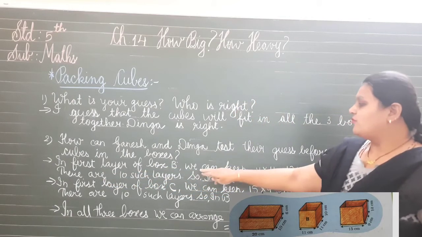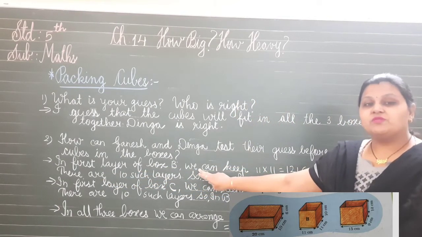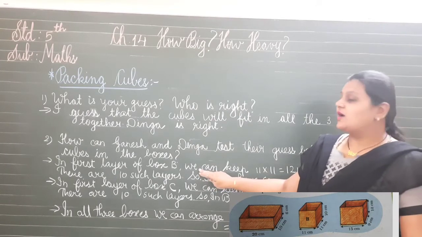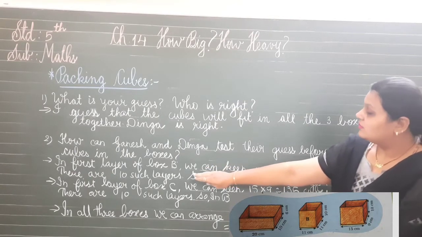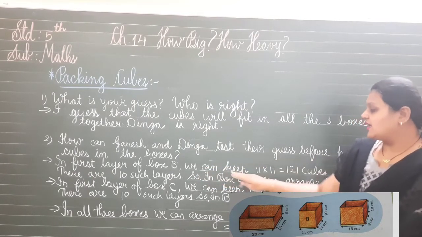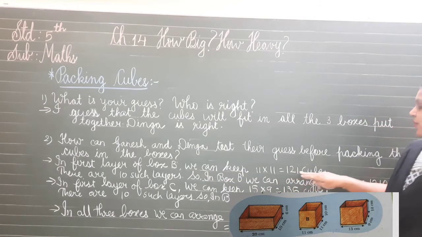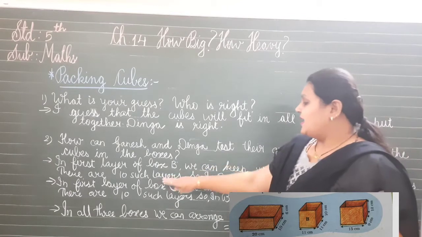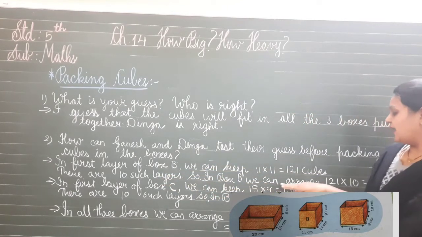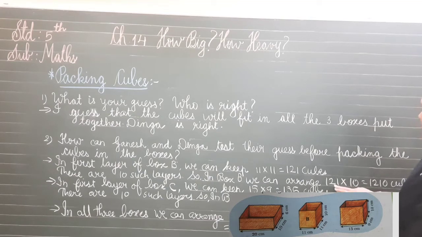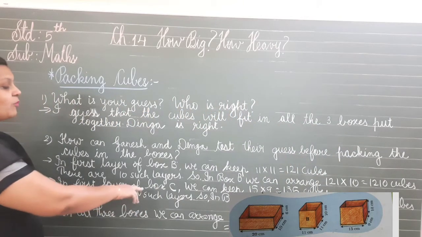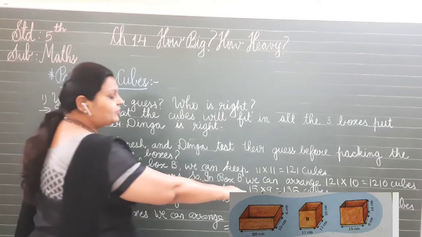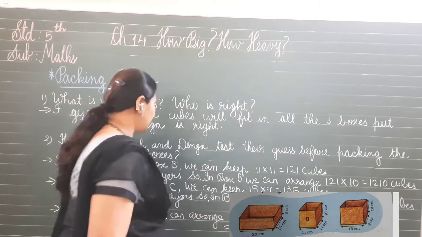In box A, the calculation we have done is 1200. Now box B has a first layer where we can keep 11 into 11, that is 121 cubes. There are 10 such layers, so in box B we can arrange 121 into 10, that is 1210 cubes. Same way, in the first layer of box C, we can keep 15 into 9, that is 135 cubes.